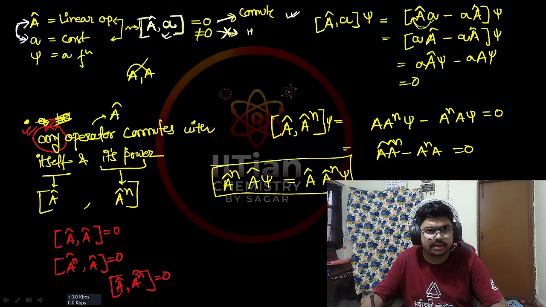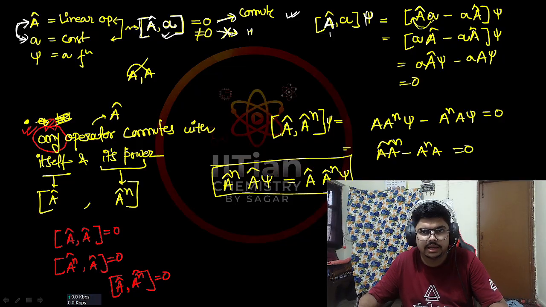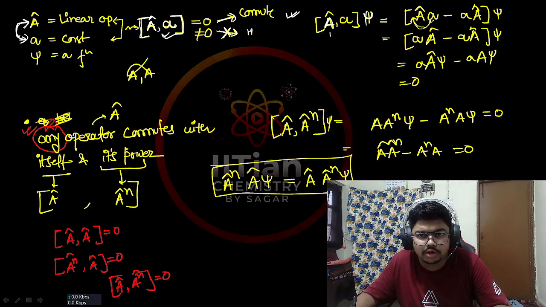Let's take its commutator, with psi as my function. We have to write the AB minus BA form, A comma B. To simplify the commutator, we write AB minus BA on psi. Now, the constant can be outside.